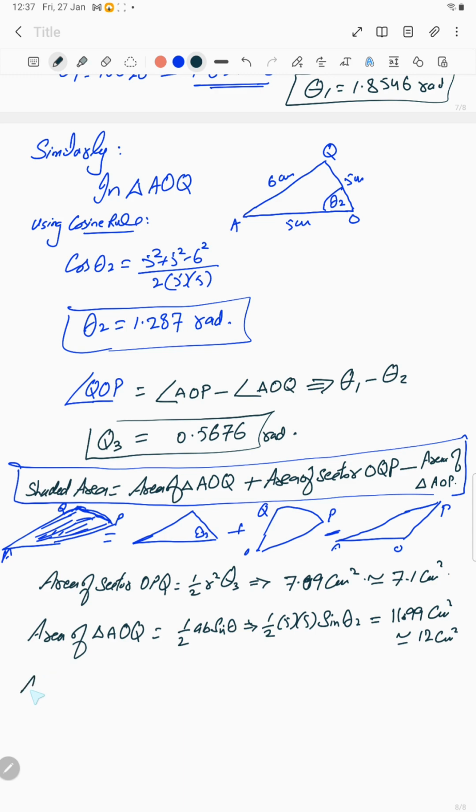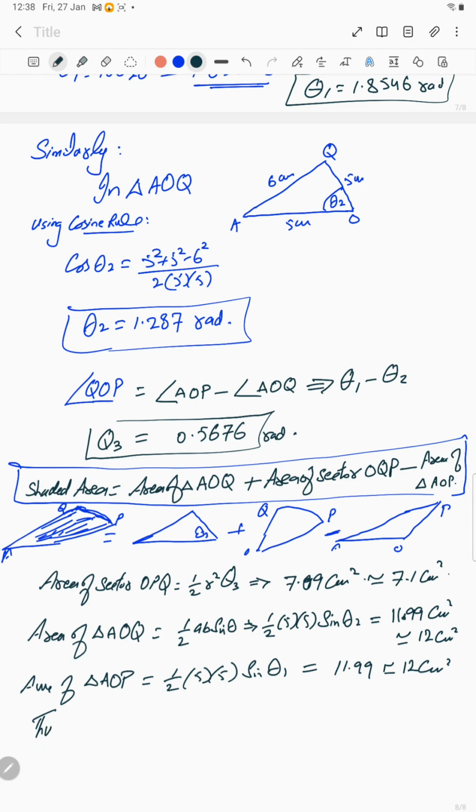And finally area of triangle AOP, have the same formula, half of 5 times 5, but angle will change, that is theta 1, and you know this is given. So again you will get 11.99 or approximately 12 centimeter square.